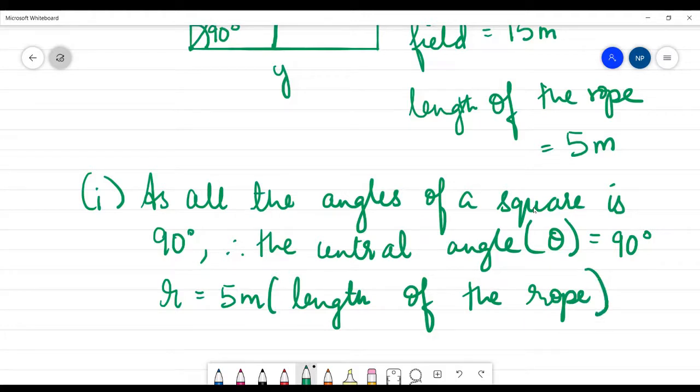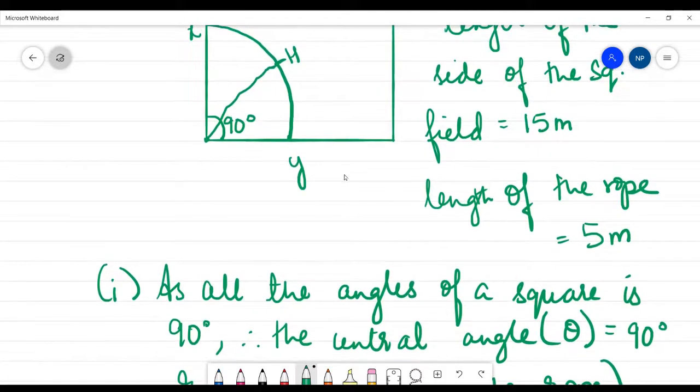Now, if you see, children, this particular diagram is forming a sector, isn't it? This is forming a particular type of sector.